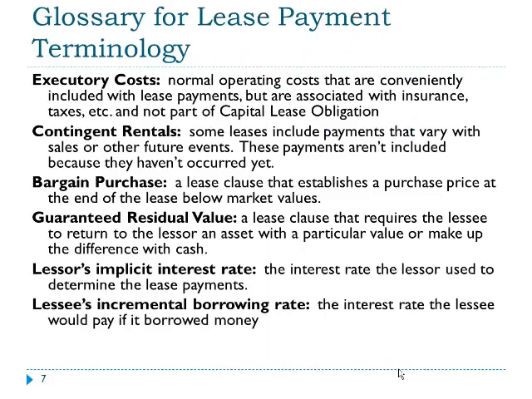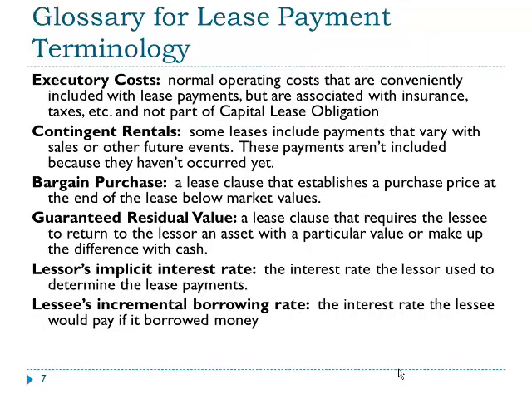Leases can be complex contracts, and we need to know some of the terms that are used in contracts so that we can talk about valuing a capital leased asset. First, executory costs are the normal operating costs that can be conveniently included in lease payments but are actually associated with operating expenses and are not included as part of a capital lease obligation or the value of the leased asset.